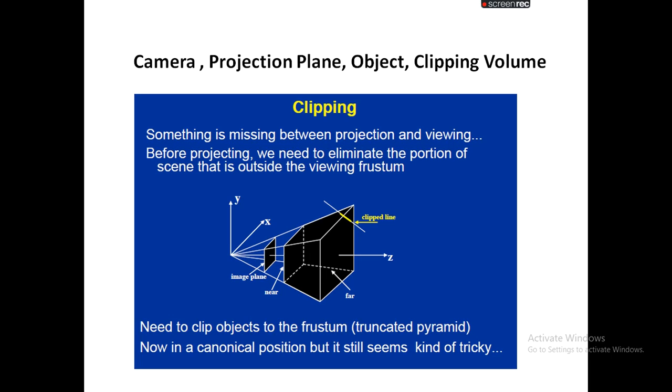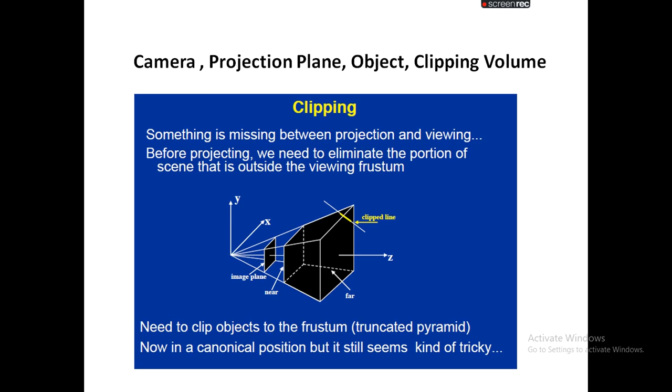When I move either the object far from the eye or the eye far from the object, the size of the object keeps decreasing. Means as the size of the object decreases, the shape of the object changes. This is the property present in perspective projection, and our eyes are the best example of it.